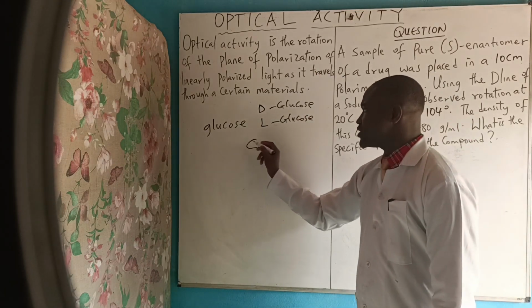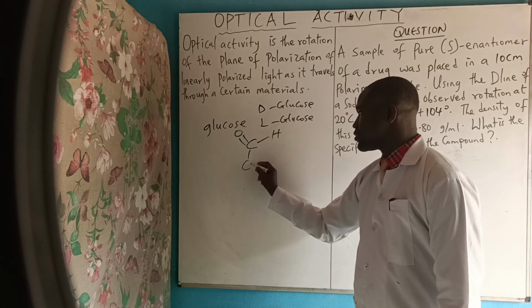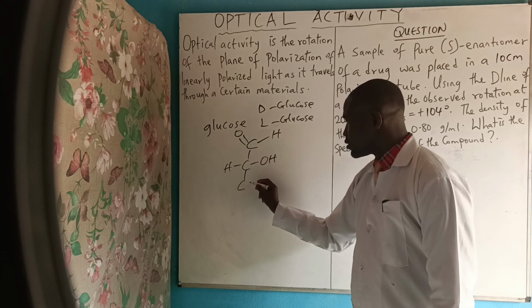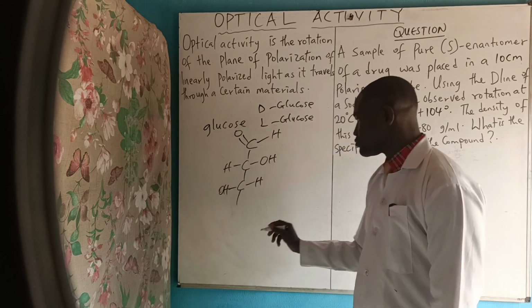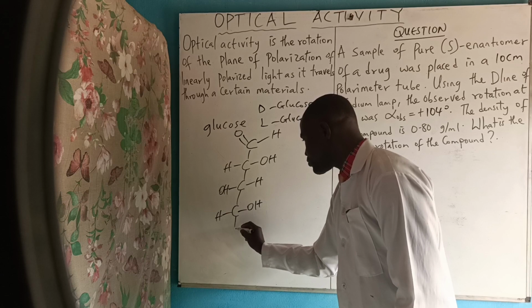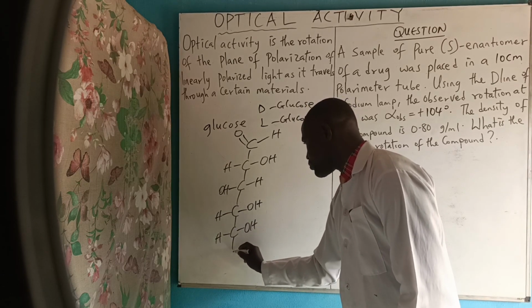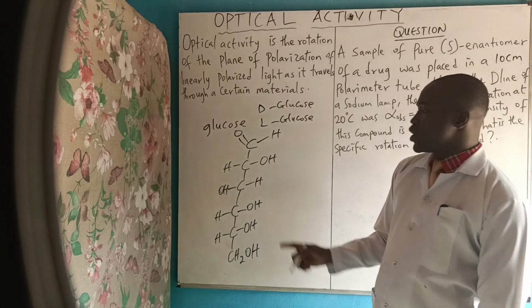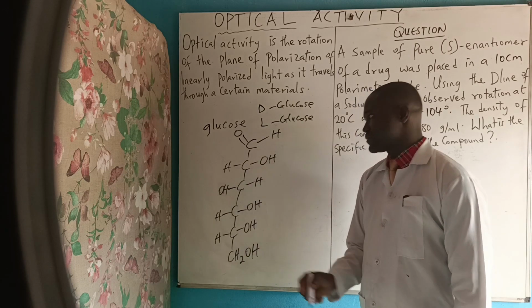Let's check the simplest structure of it. Okay, glucose has 6 carbons: 1, 2, 3, 4, 5, 6.